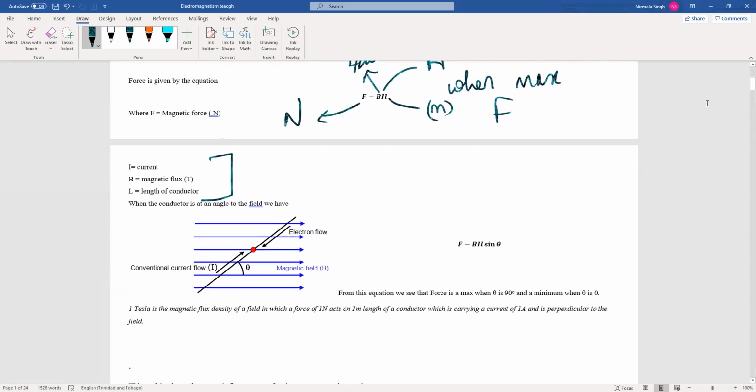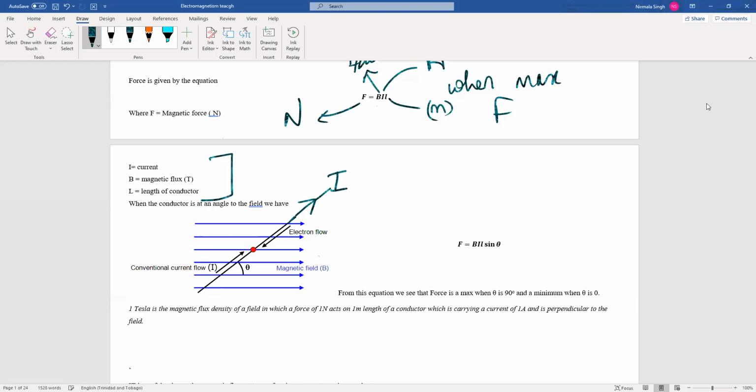All right, reading down. When the conductor is at an angle to the field, let's just think about this, we have conventional current. Please know that all our rules are using conventional current because they did not determine the nature of the electron and the nature of electricity until after all these rules were devised. So we use conventional current.